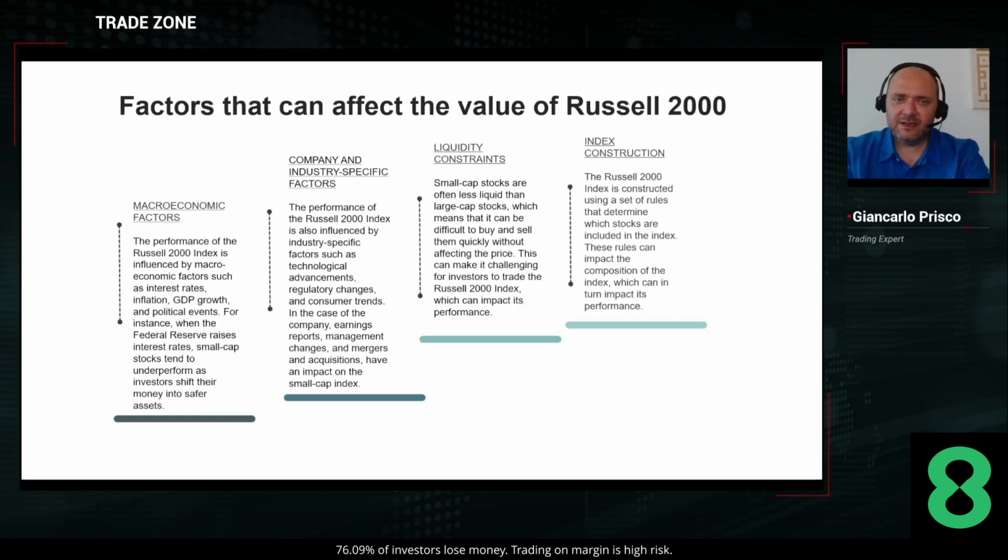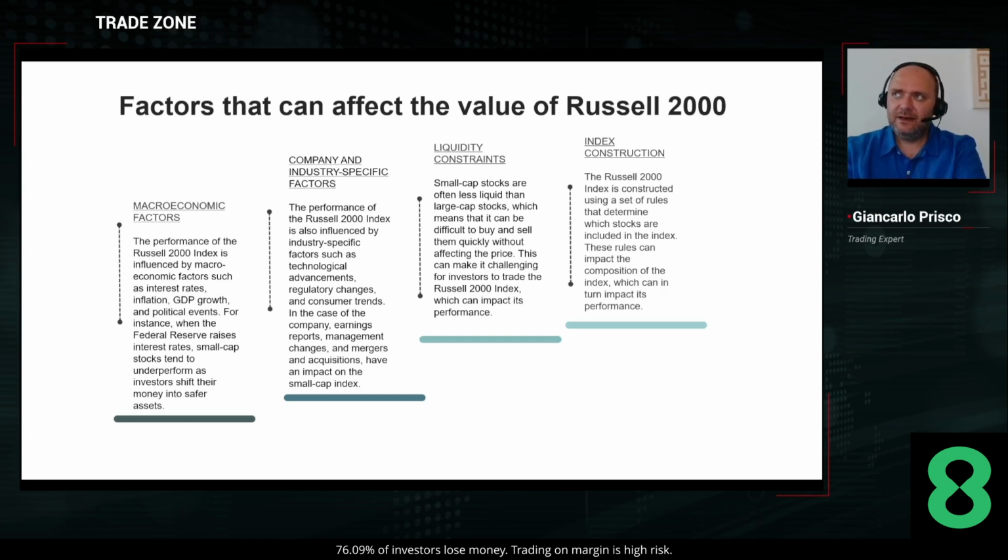But before continuing, let's see the factors that can affect the value of the Russell 2000. Of course, the first one is macroeconomic factors that come from data like interest rates, inflation, gross domestic product, etc. Imagine, for example, in the case of interest rates, when the Federal Reserve raises interest rates, small cap stocks tend to underperform because investors shift their money into safer assets.